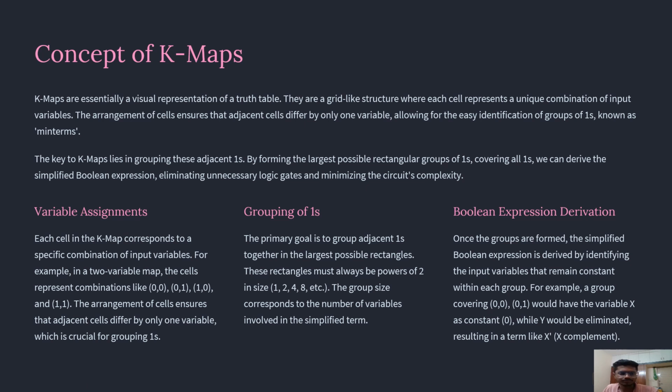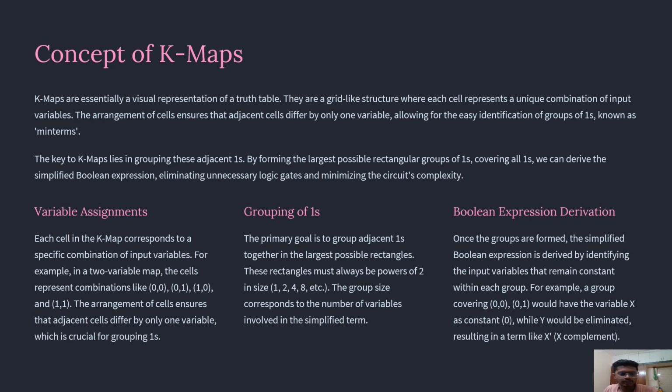Variable assignments. Each cell in a K-map corresponds to a specific combination of input variables, like 0 0, 0 1, 1 0, and 1 1.